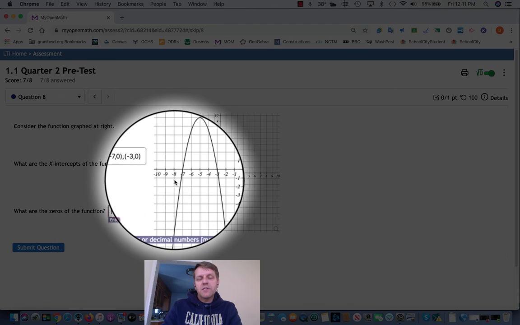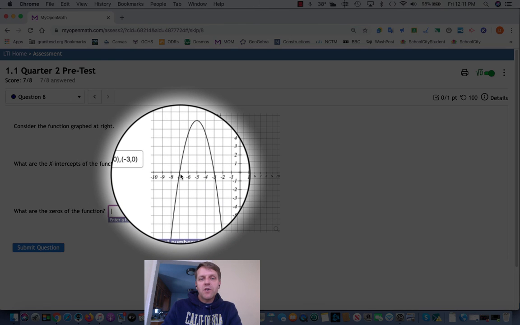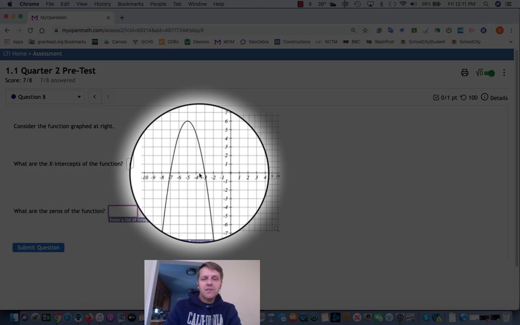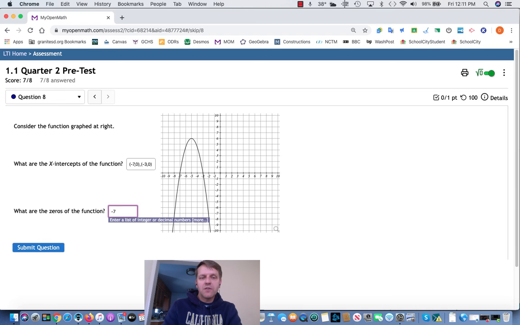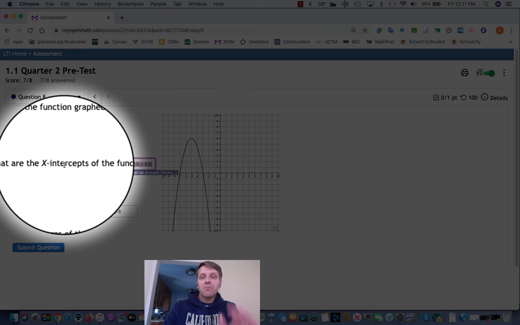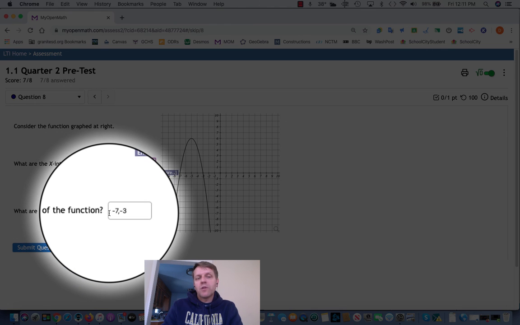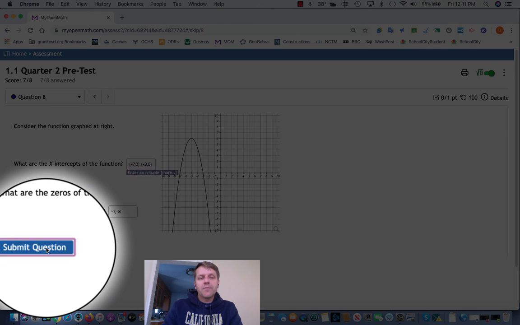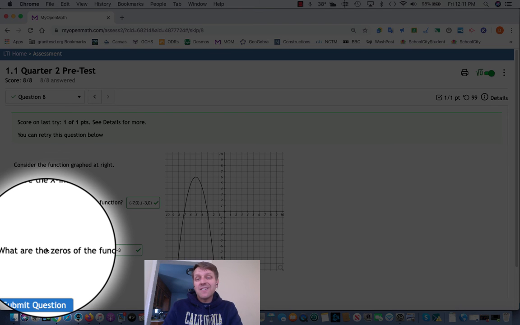Well, the zeros is the same idea, but the zeros aren't points. They're just what x values are they. So the zeros are -7 and -3. So you'll notice that this one, x-intercepts, you write as coordinate points with parentheses, and the zeros, you just put the number. What number is it at 0? Cool. And that's the end of the quiz.